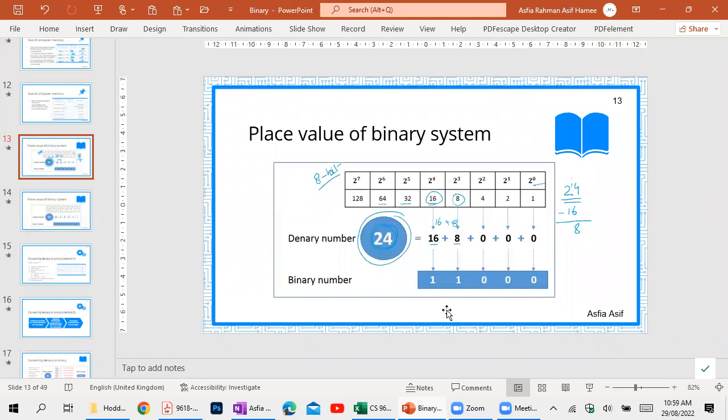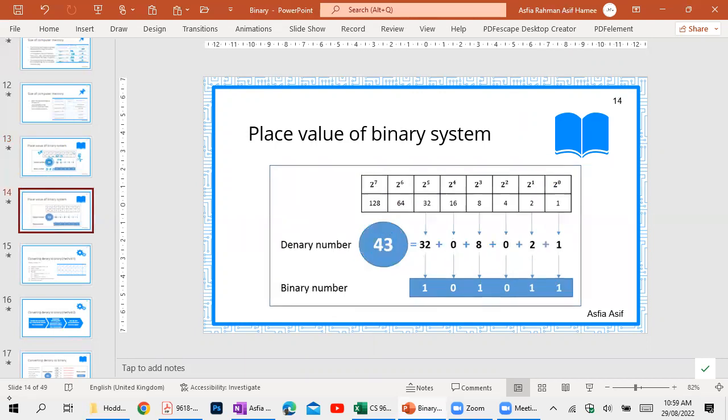In decimal, we can write 24 or 4 or 2, we don't need to write the leading zeros. But when you are talking about the 8-bit system, we always have to complete the full 8 bits. So if there is nothing before this, you need to add the zeros. So the binary number is 0, 0, 0, 1, 1, 0, 0, 0.